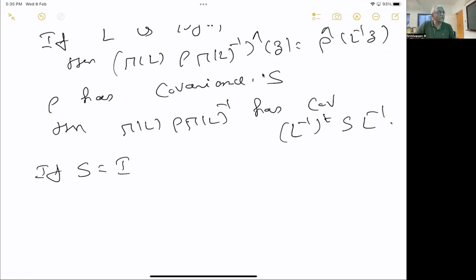So it should turn out to be positive somehow. L can still be symmetric, and it will still be positive.